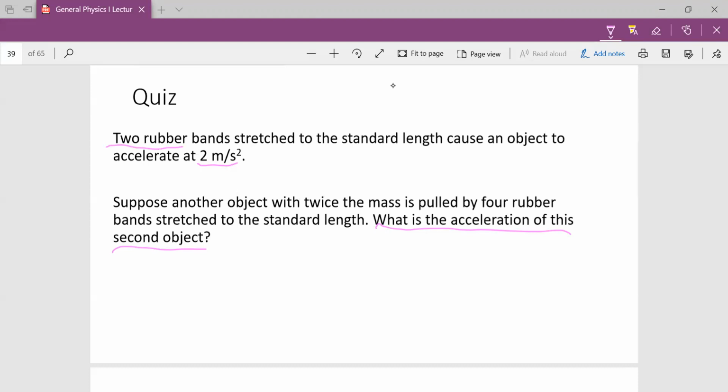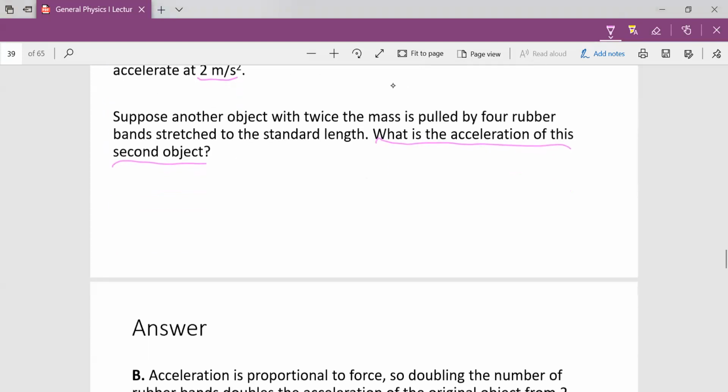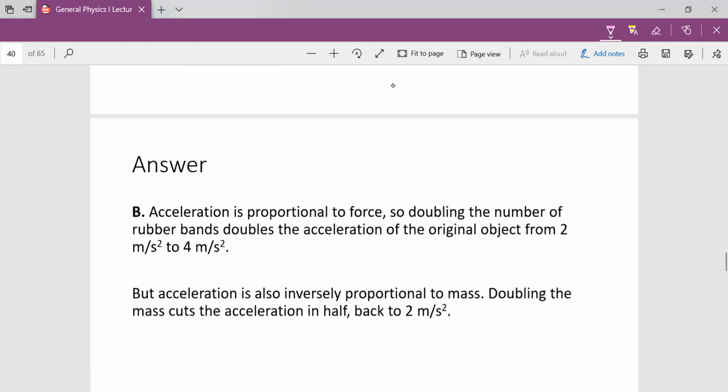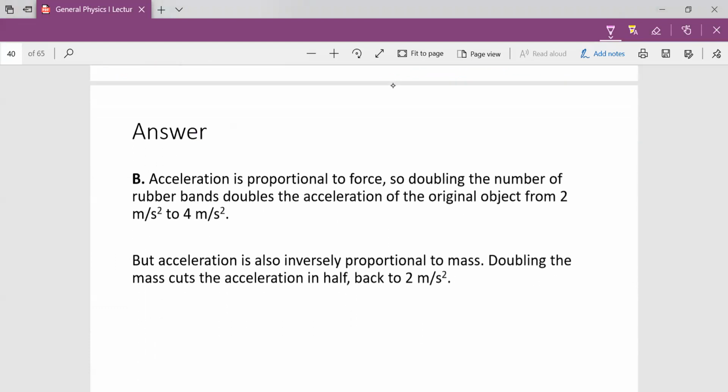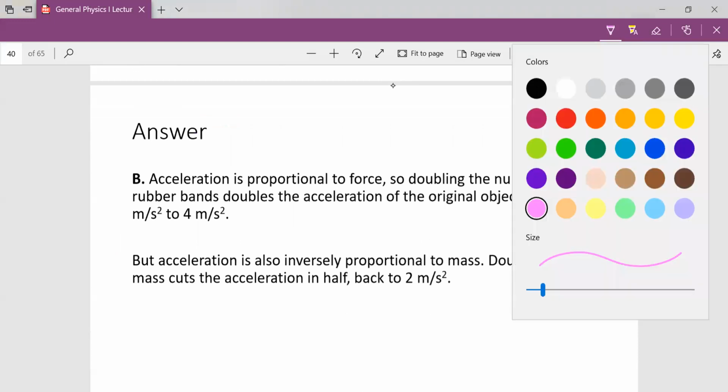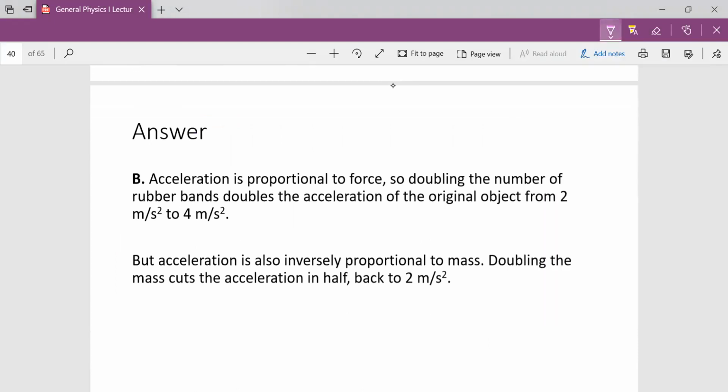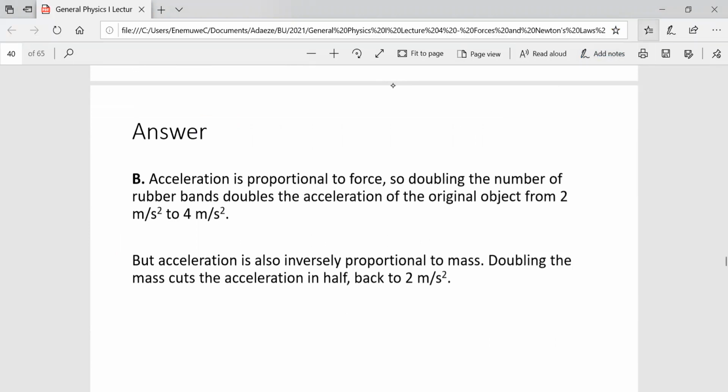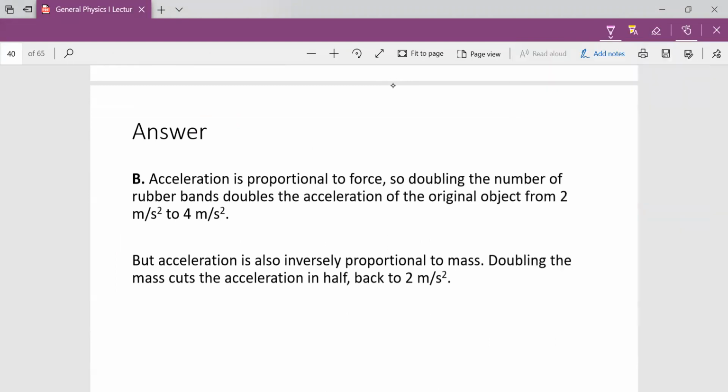So the answer is 2. Okay, so the answer remains 2.